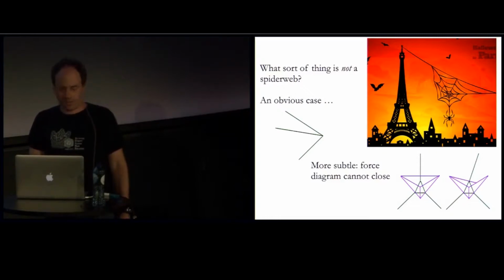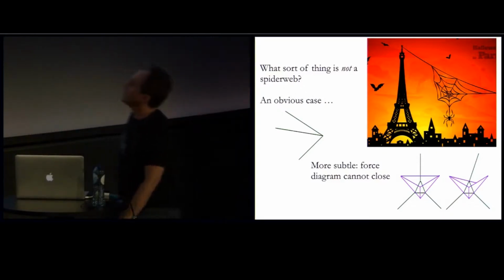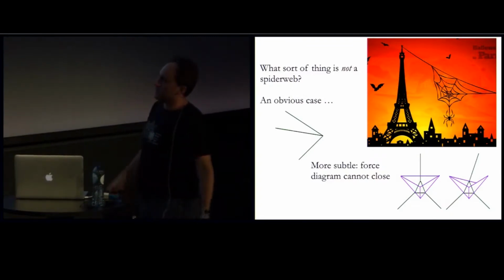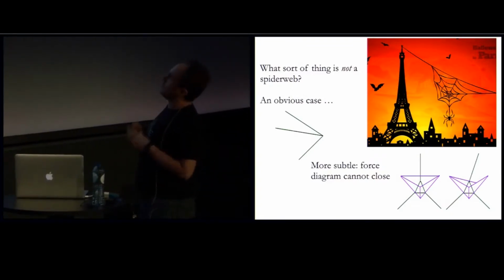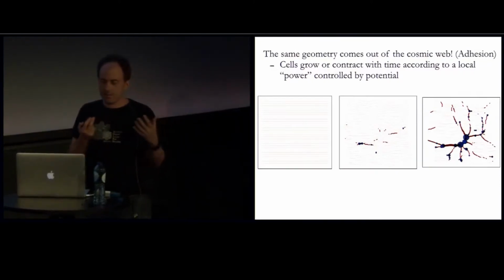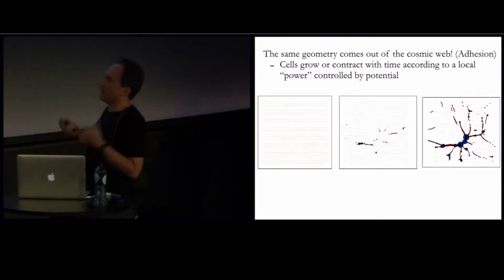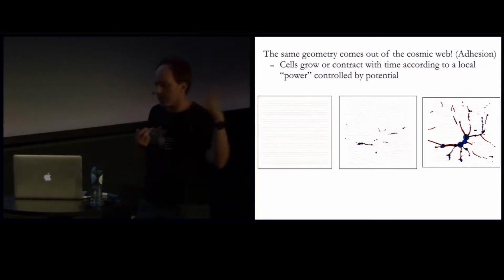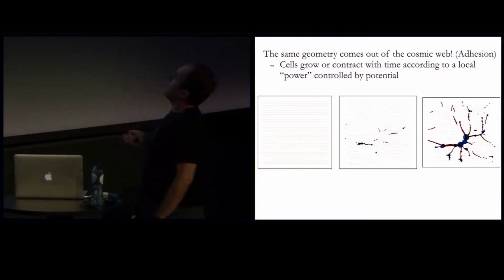Okay, so that was a very quick look at this field called graphic statics, and these spider webs happen to have the same geometry as the cosmic web in the adhesion model, which is the topic of our recent paper.